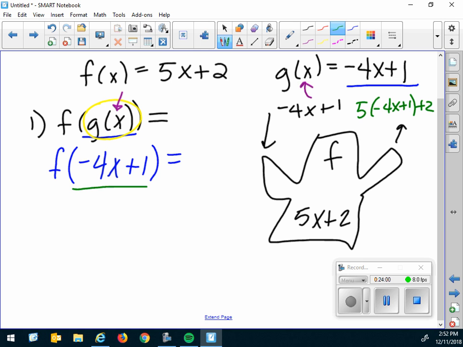That's exactly what you do, and then we're going to clean it up. So where did we put this? Where the x was, right there.